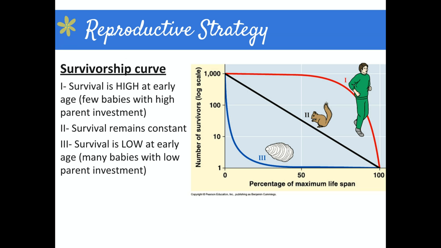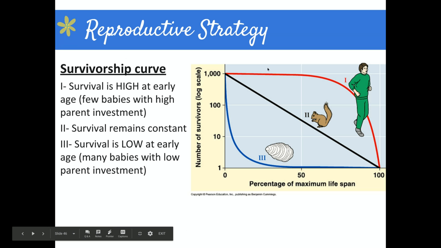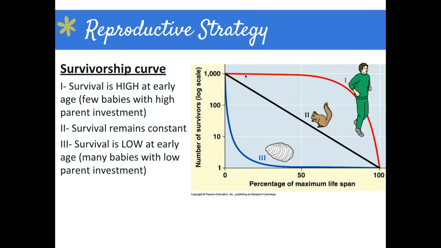Now, these two reproductive strategies mean that spiders and humans have very different survivorship curves. Humans and other mammals have what we call a type 1 survival curve. That means that the survival is high at early age. Very few babies with high parental investment die at a young age.